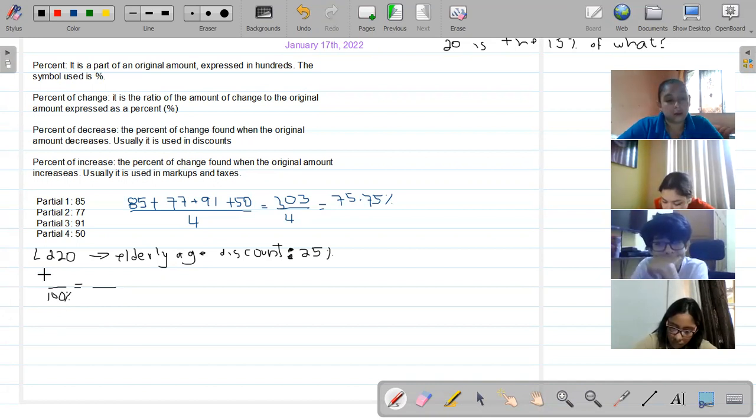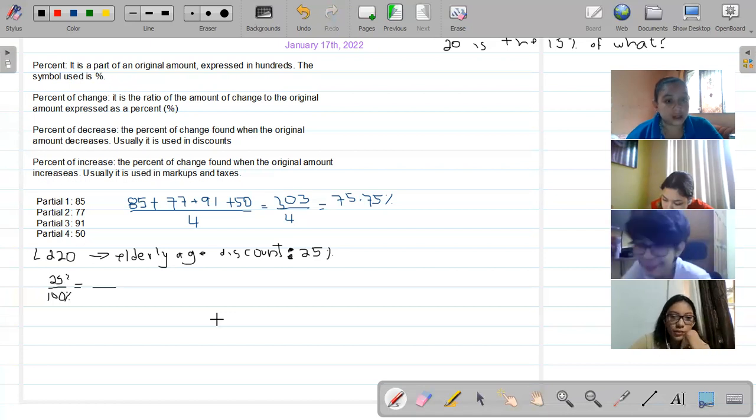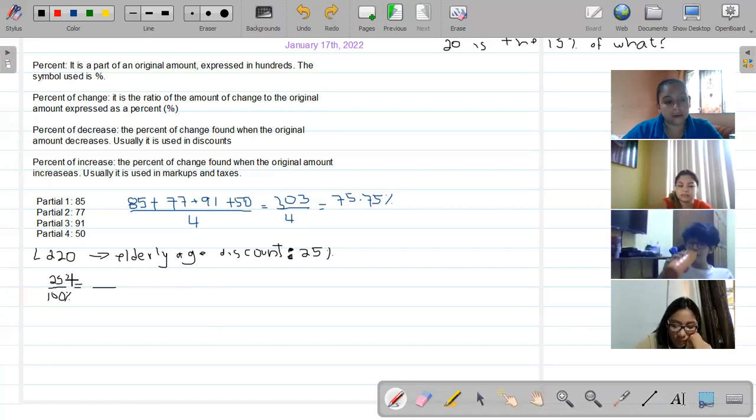So at the top, we're going to place whatever discount or percent we're looking for. In this case, we're looking for the 25%. So we're going to place 25%. Now we're going to pair it up one next to the other about the money, or about whatever we're finding the percent of.